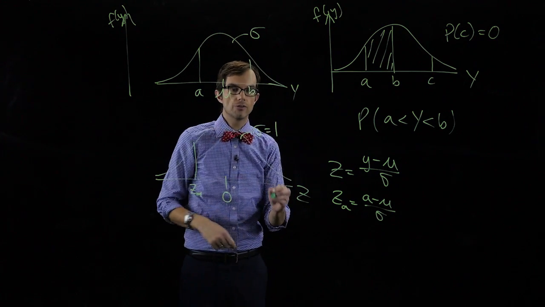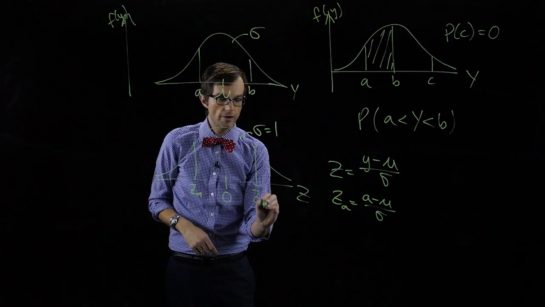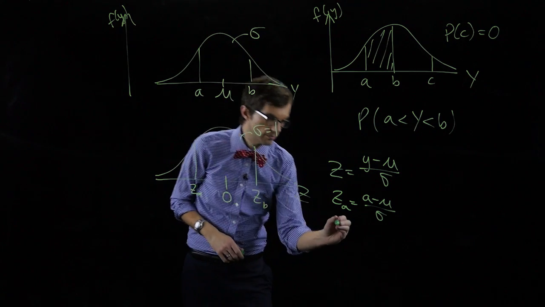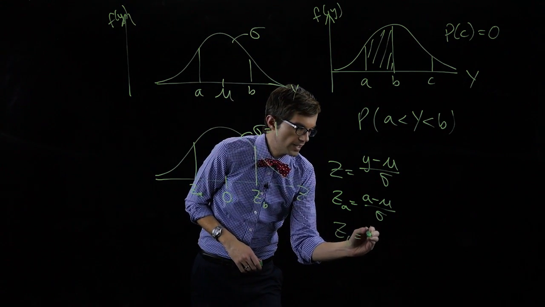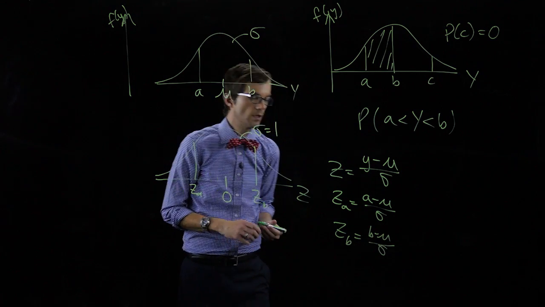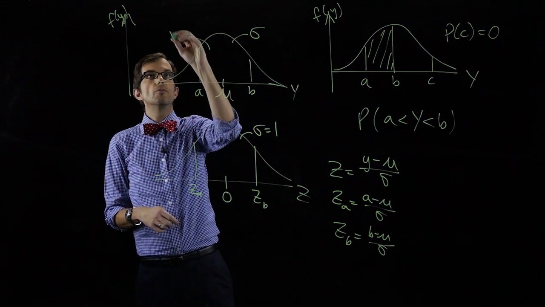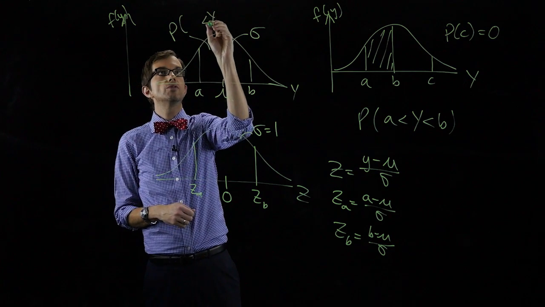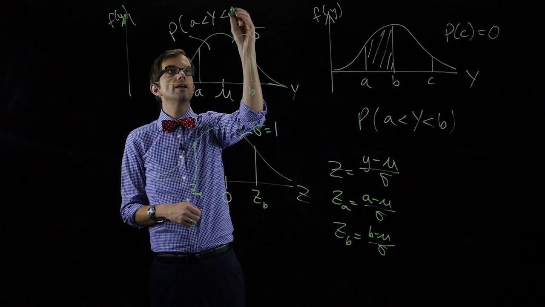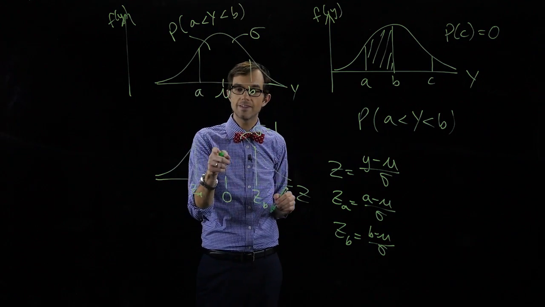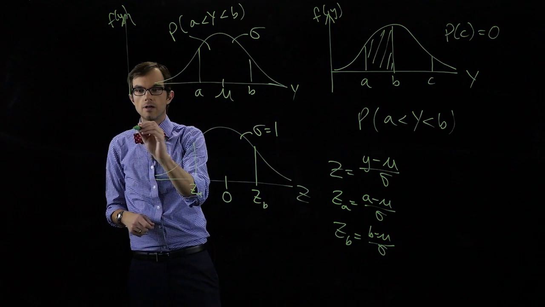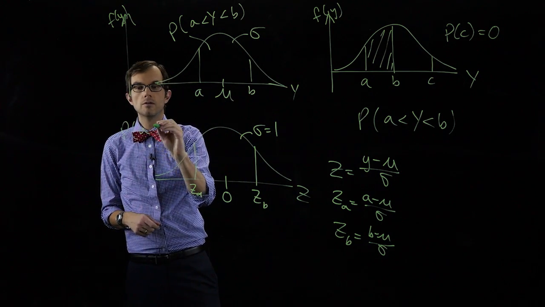Okay, so we could also convert this value b down here to the z-axis using the same formula, b minus mu over sigma. And if we wanted to find this area, that is the probability that y is between a and b, that's the equivalent. Let's rewrite that again.